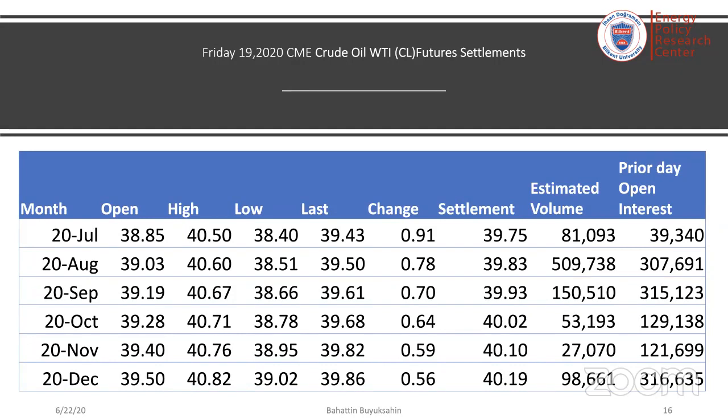The first delivery date is July 1st, 2020, and the last delivery date is July 31st, 2020. The seller is going to inform his intention to deliver on the first notice date, which is June 24th. The last notice date is also June 24 at 3 p.m.